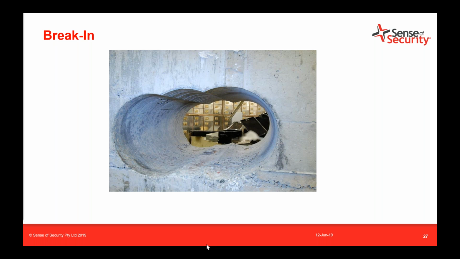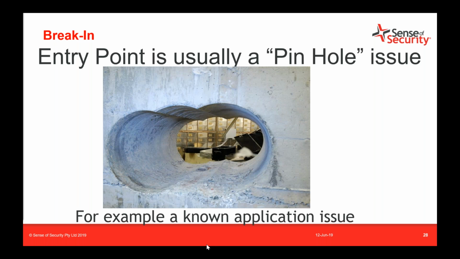In this case, the image is showing a bank vault with a small hole drilled into the side of the bank vault where the thief is trying to enter the bank vault to steal the money. This is akin to an application vulnerability on your public-facing application, probably a web application on a website.